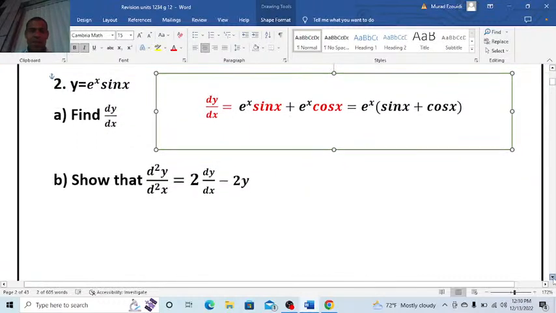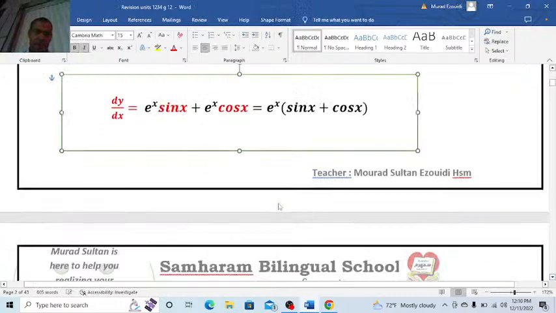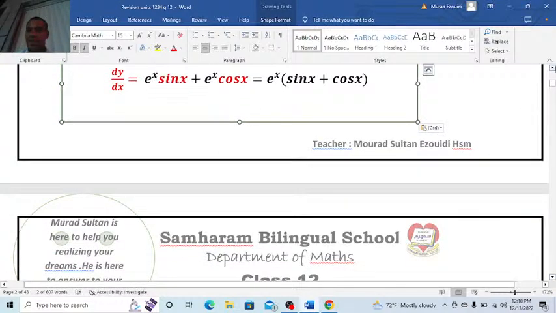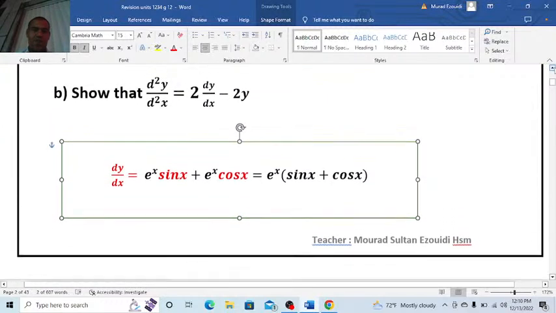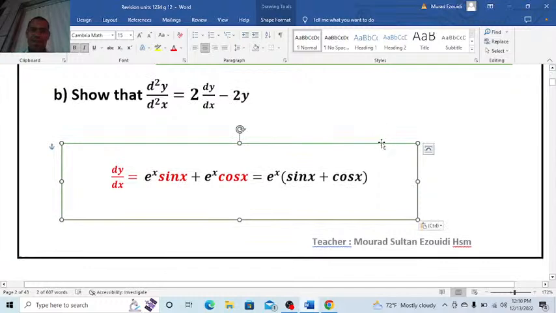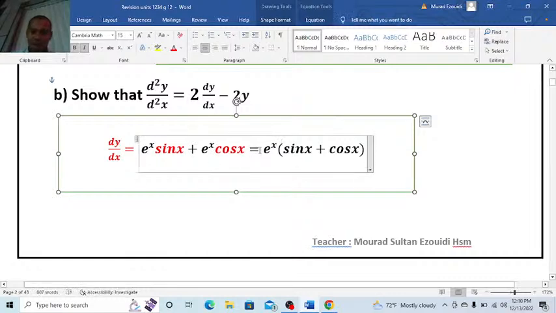I will now try to use this fact. This is my first derivative of my function. I'm going to differentiate this again, my learners, and I will see what will happen exactly. This is my function. Now I will erase all of this.